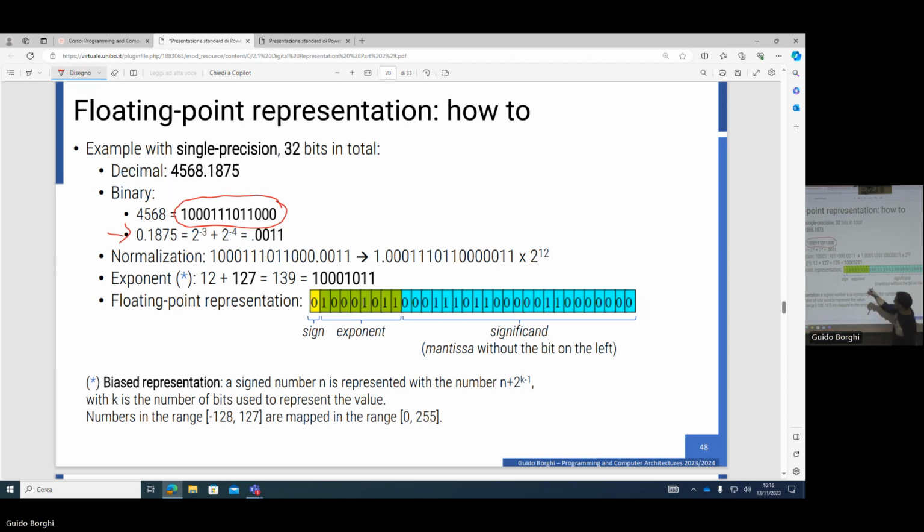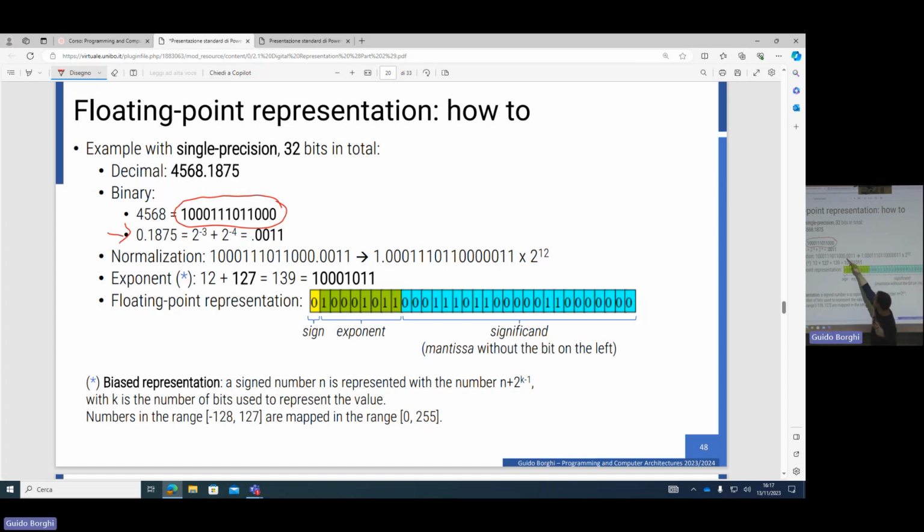In this case, for example, you have to move the decimal point after the first position, here, after the one. Then you have to use an exponent to convert this number into the following one. In this case, we are moving the decimal point 12 positions.